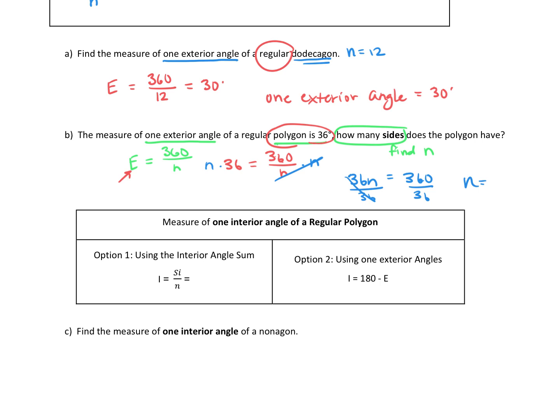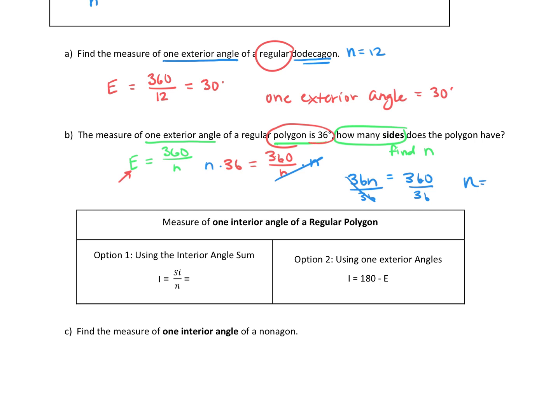Decimals are okay for angle measures. We had a problem earlier in this lesson where we had a 67.5 degree angle. Angle measures can have decimals, that's totally okay. Number of sides, no decimals. So maybe make a side note in your notes for that.